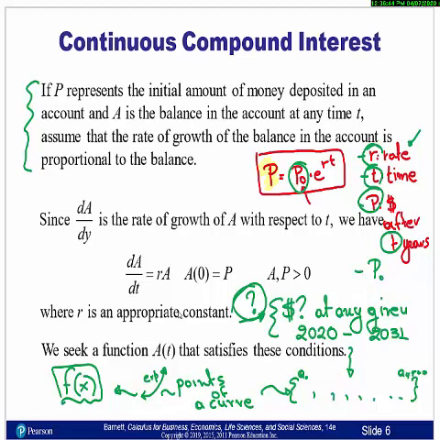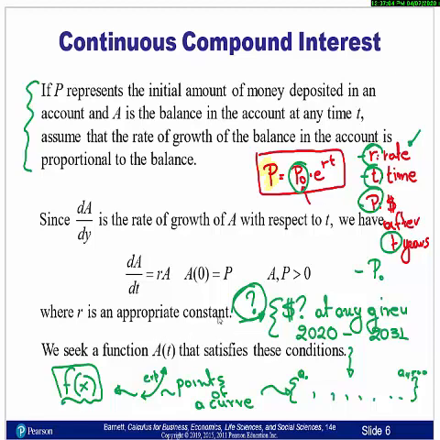Okay, so you see how I come to this point in my equation. Now, the integral of 1 over A times dA is nothing else than ln of the absolute value of A. And this one is simple, it's just Rt. So this is how I get ln of A equals Rt.